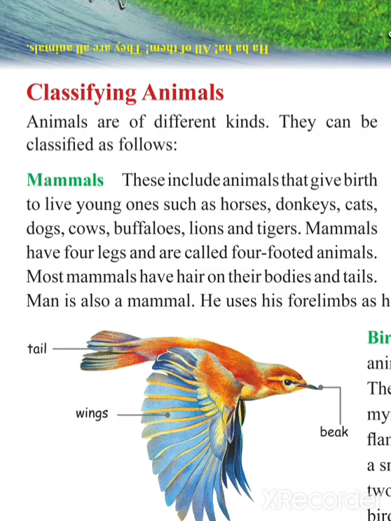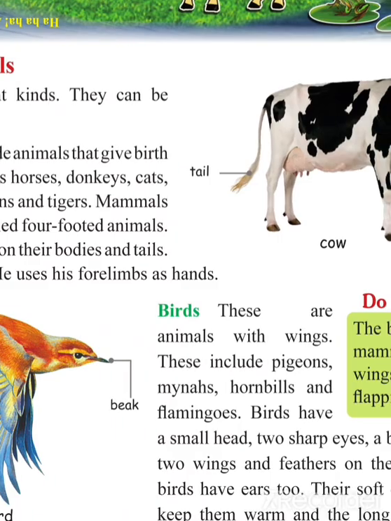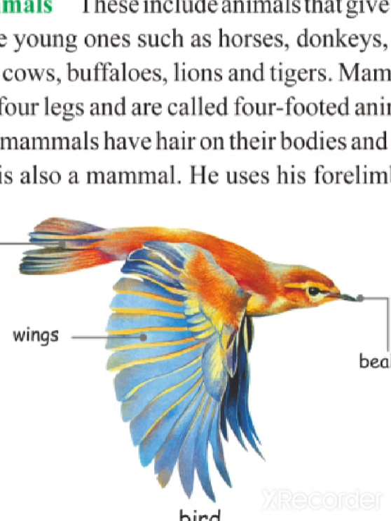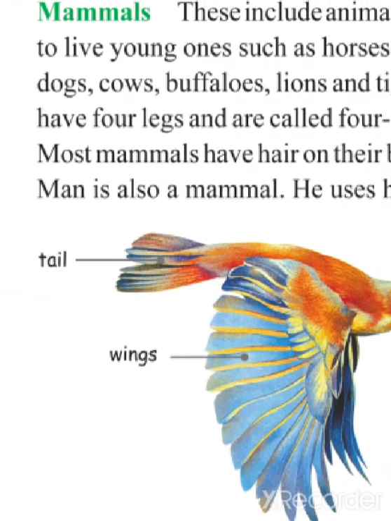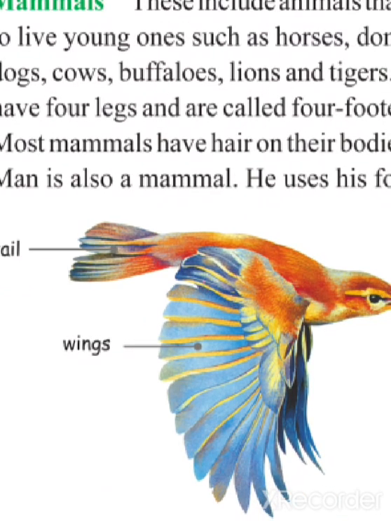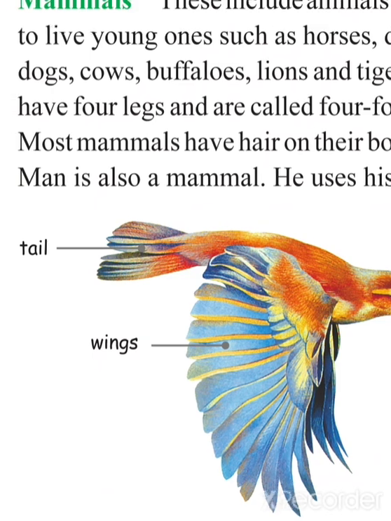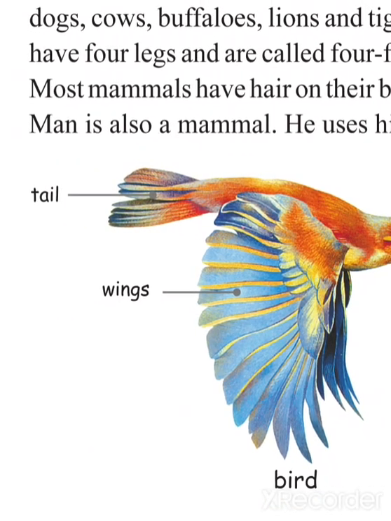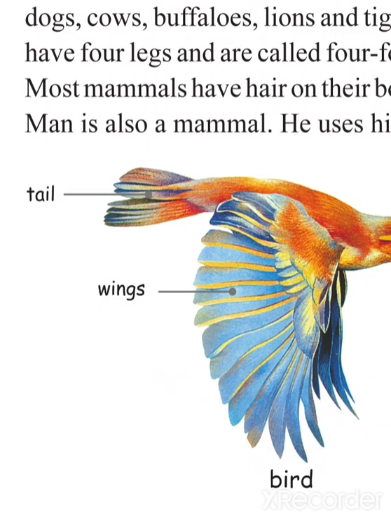They have the feathers which help them to fly. Now, what is the use of this tail and the wings? The wings and the tail help the bird to balance while flying in the air.